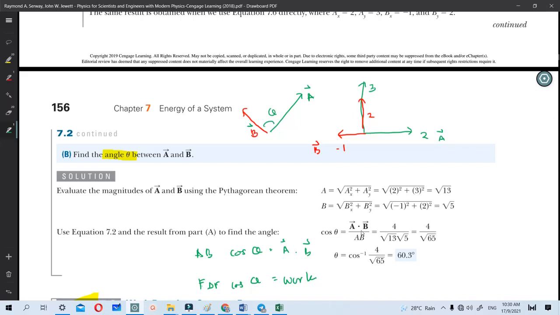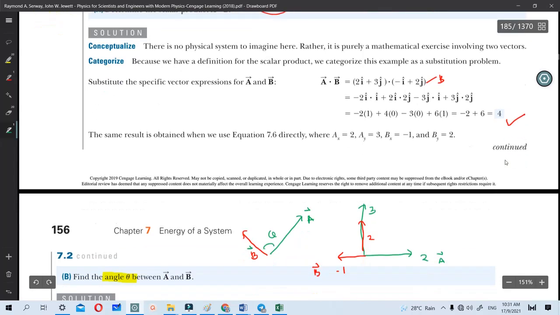So 3 and 2 need to be combined, because this is the vector itself. So 3 and 2 becomes square root 13, and B singularly is square root 5. This is just an example to let you see it in the version of work, where R is square root 5. But the combination of work is the one that you calculated earlier, which is 4.